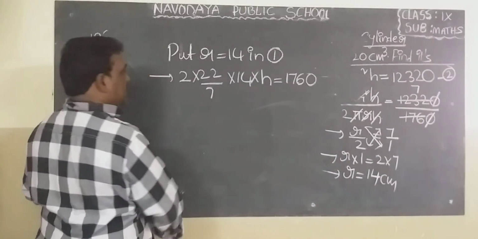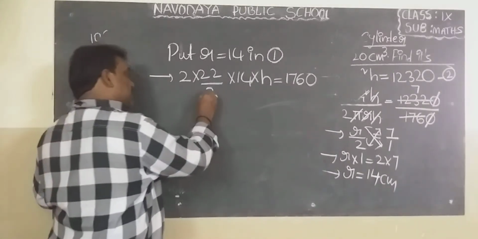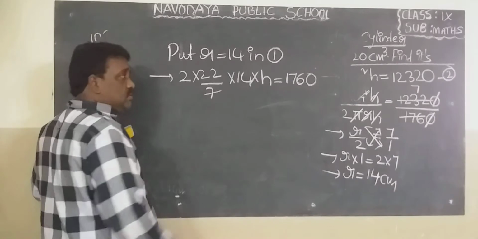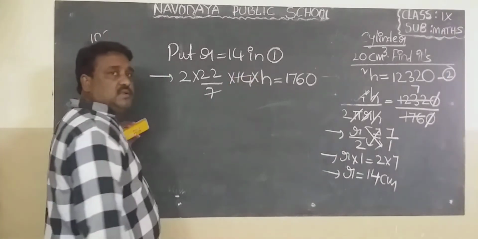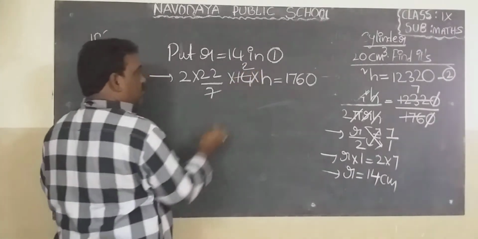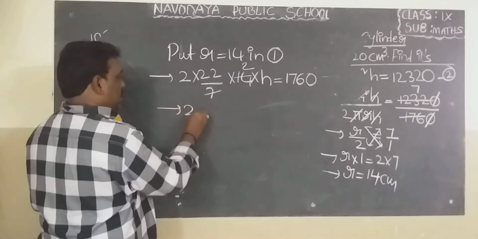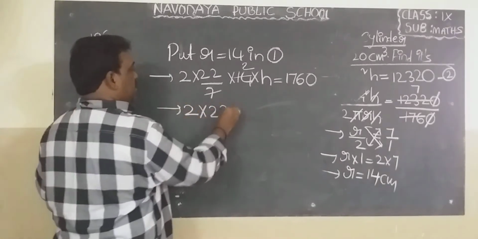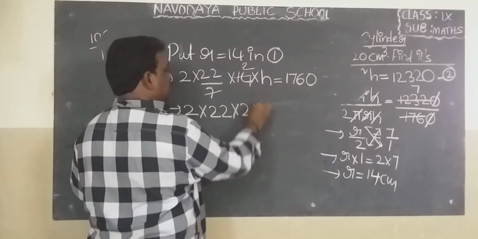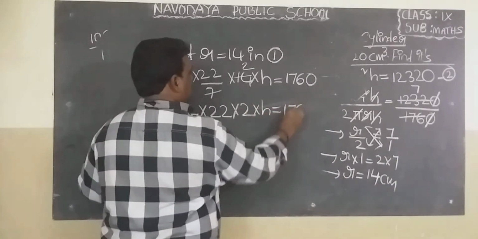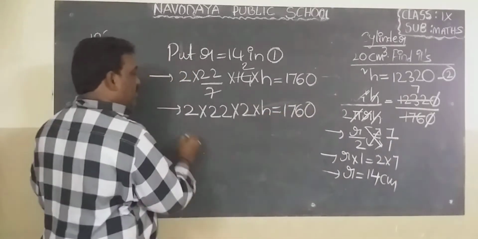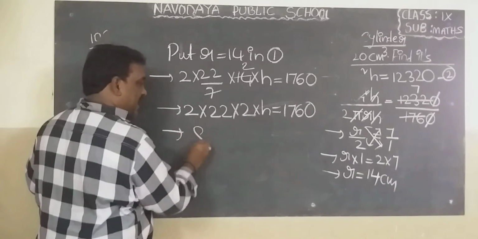Then do cancellation. 7 cancel, 14 cancel, 2 times. What is left? 2 into 22 into 2 into h equals 1760. Multiply, 88.